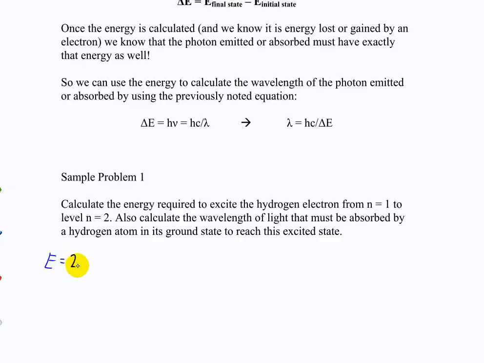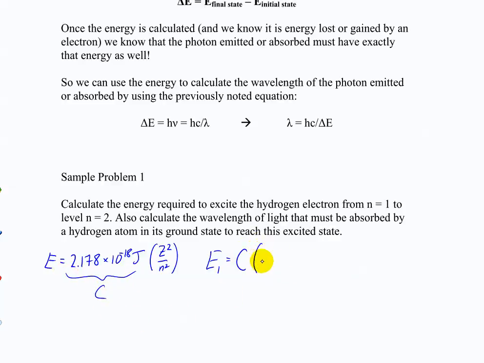E equals 2.178 times 10 to the minus 18 joules times Z squared over n squared. So for the energy of shell number 1, it's going to be that constant times, well, okay, let's talk about that number for a second. We'll just call that C for now, for a constant. That's this number.